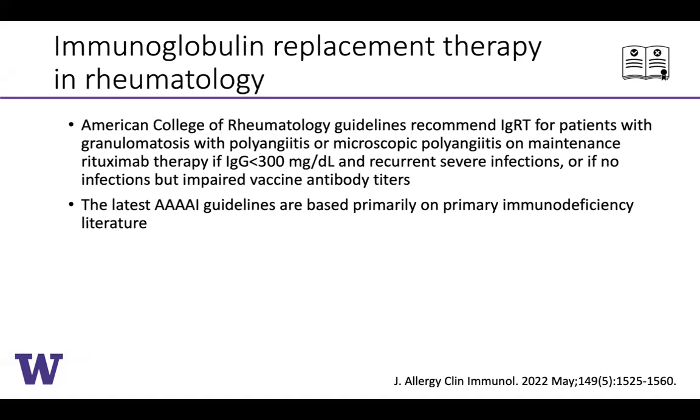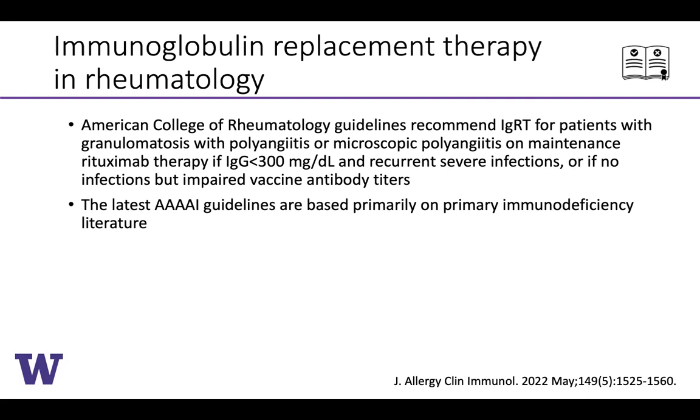In terms of rheumatology, we kind of discussed that before. The American College of Rheumatology has its own guidelines in which they recommend IgIT for patients with GPA or microscopic polyangiitis if IgG is lower than 300 and they have recurrent infections, or if they have no infections but have impaired vaccine antibody titers.